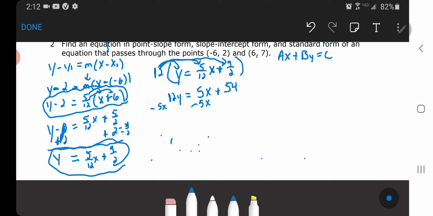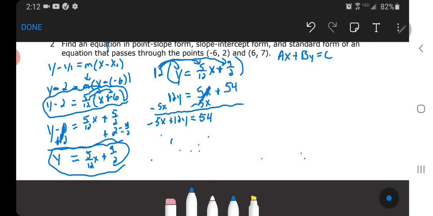Because having 5x, subtracting 5x, we're going to get 0. We're just going to make it disappear on this right side and bring it over to this left side. Of course, these aren't like terms, x and y. So we're just going to bring these down as negative 5x plus 12y equals, once again, those disappear, we're left with 54.